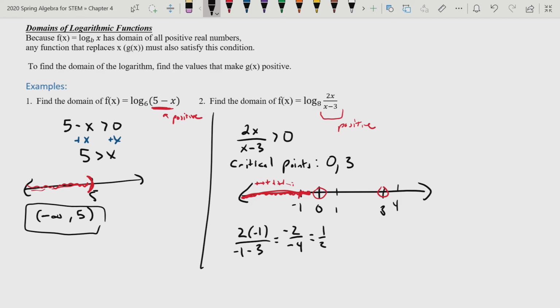If you plug in 1, you get 2 times 1 over 1 minus 3, which is 2 over -2, which is -1. But all we care about is that it's negative, which makes this whole region negative. So we exclude it. If you plug in 4, you get 2 times 4 over 4 minus 3, which is 8 over 1, which is positive. So that means 4 is included, as well as anything in the region. So this whole region is positive.